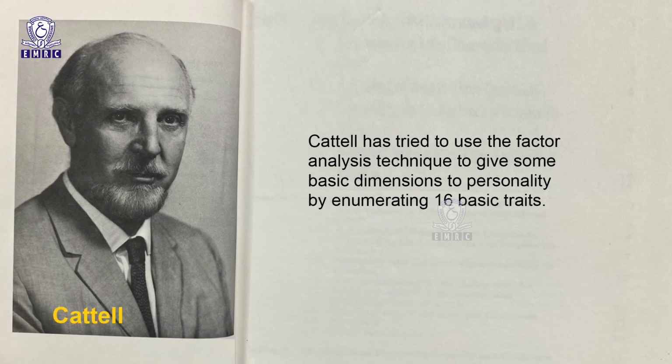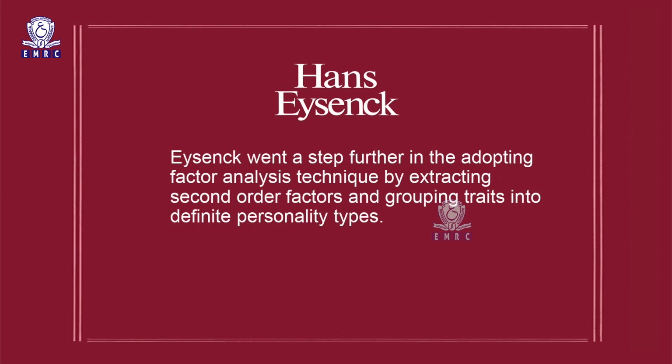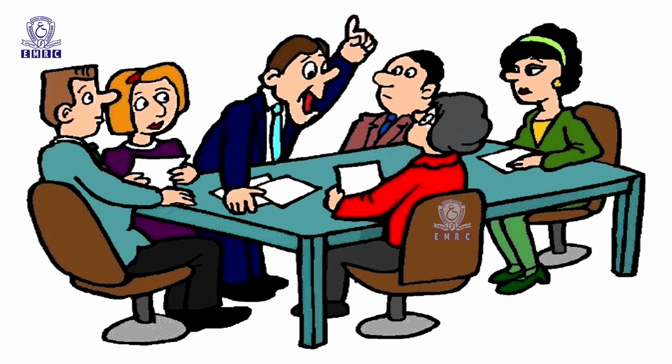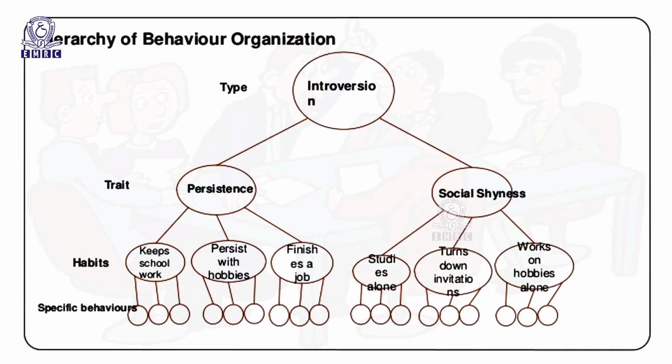While Cattell has tried to use the factor analysis technique to give some basic dimensions to personality by enumerating 16 basic traits, Eysenck went a step further in adapting the factor analysis technique by extracting second order factors and grouping traits into definite personality types. How individual behavior is organized and acquires the shape of a definite type is explained in a hierarchical model, which can be seen in the figure.